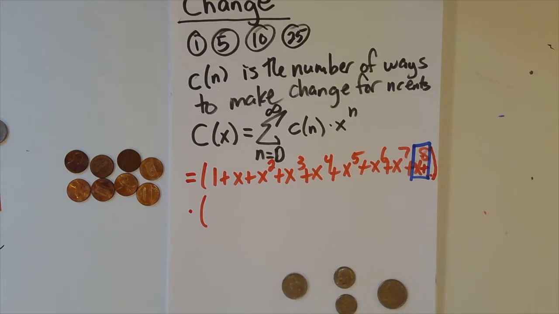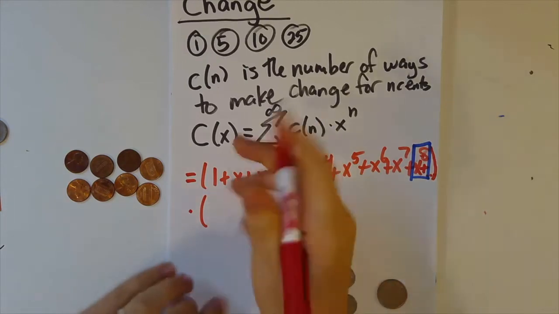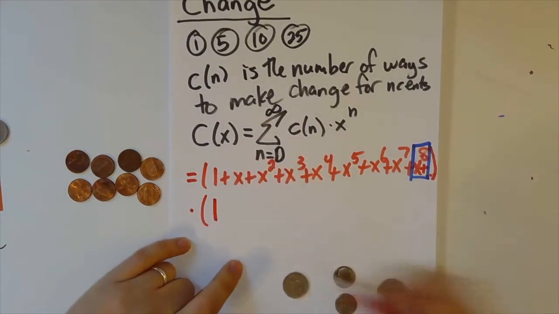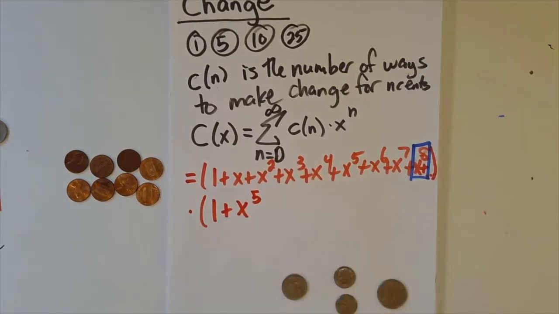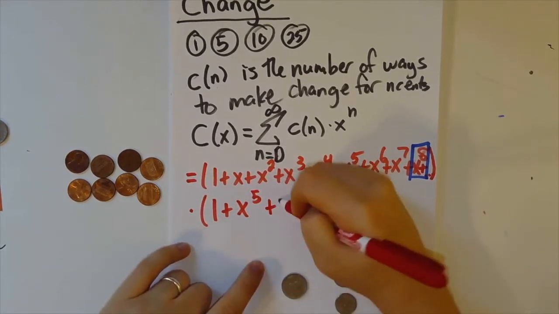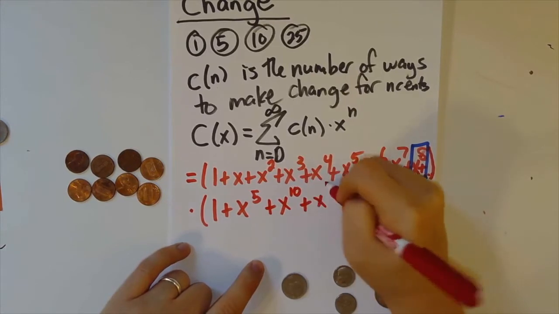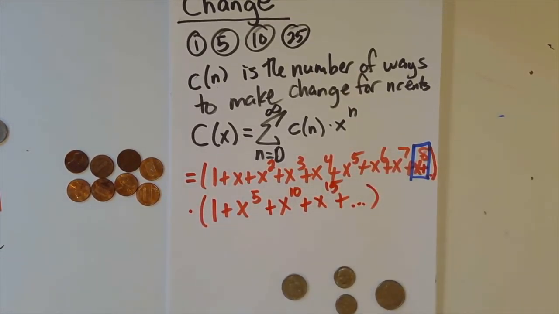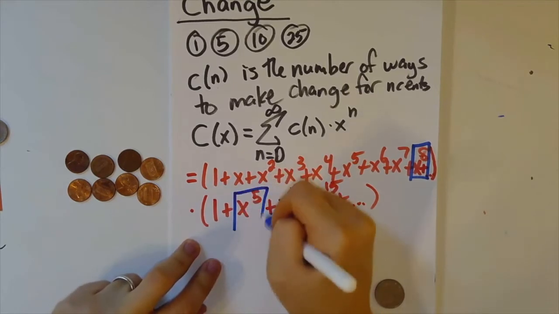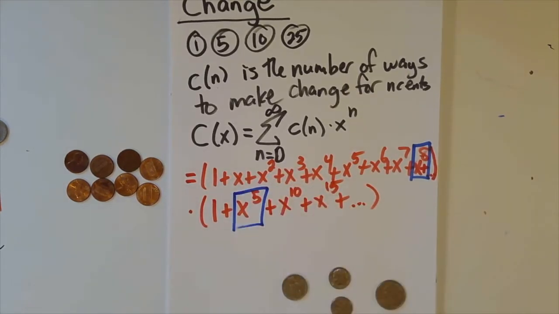So I want to jump straight from no nickels to 1 nickel, which brings me all the way to x to the fifth. 2 nickels would get me an x to the 10th, plus an x to the 15th, and so on like that. Here I have 1 nickel, so I should think of this as having 5 cents worth of nickels. That's what this x to the fifth is telling me.